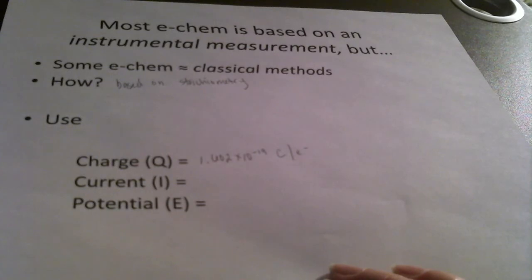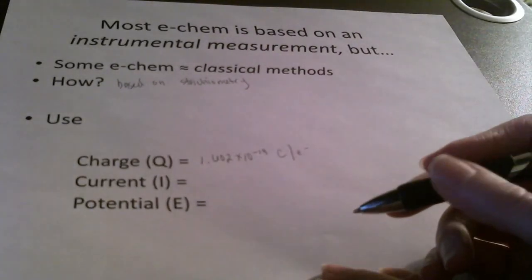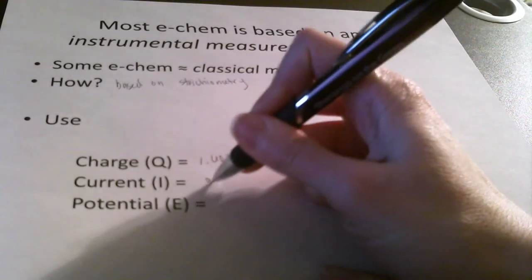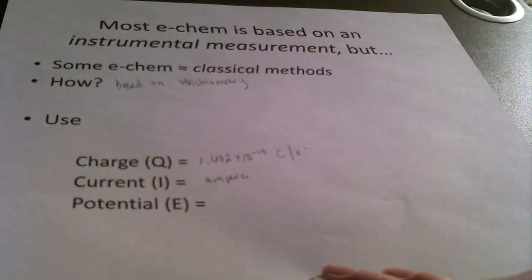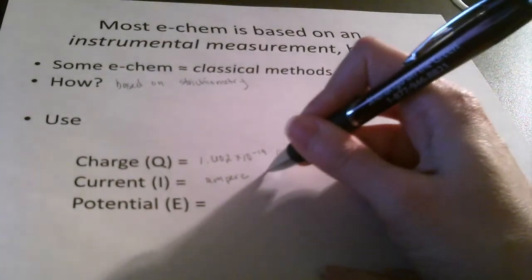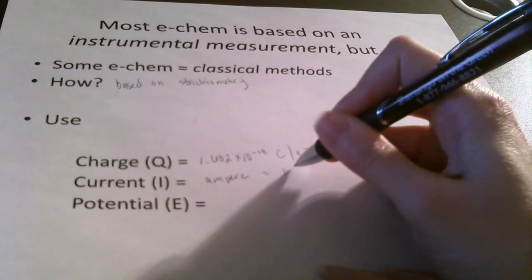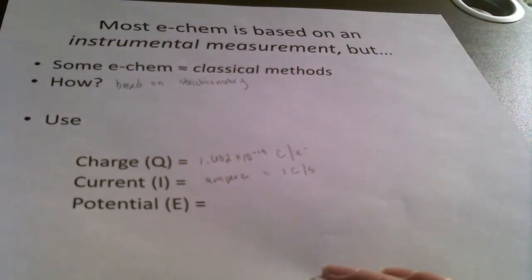You could also measure current, which is basically electron flow over time. Electron flow over time is measured in units of amperes, where 1 ampere is equivalent to 1 coulomb of charge per second.